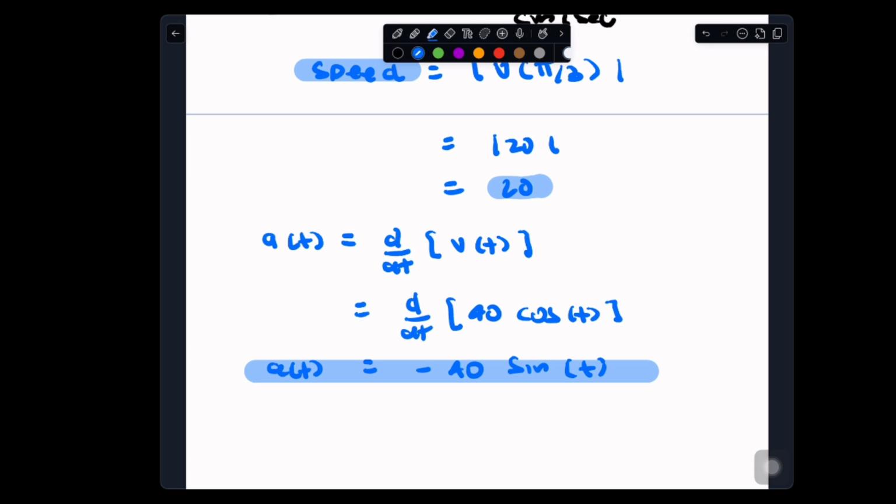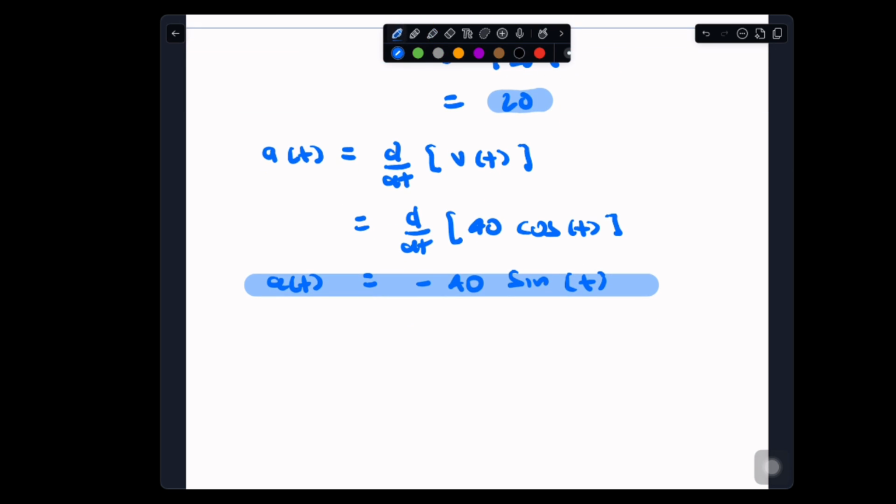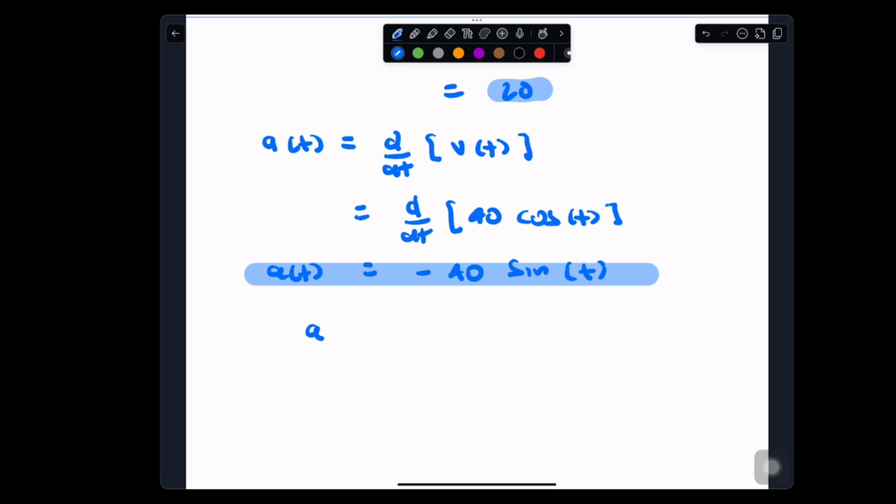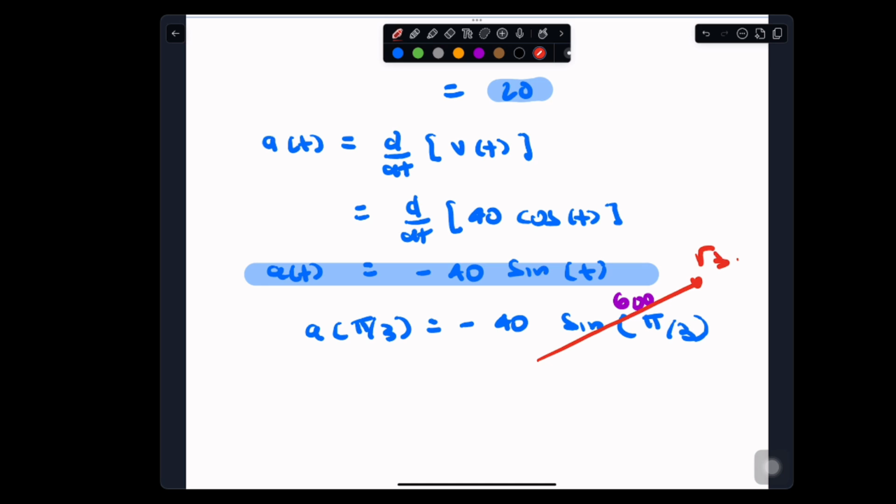But they also want to know, this is your acceleration function. What is a of pi over 3 going to be? That's negative 40 sine of what? Well, and that's again 60 degrees. Do we know what that was? I think so. We said that was the square root of 3 over what? 2.